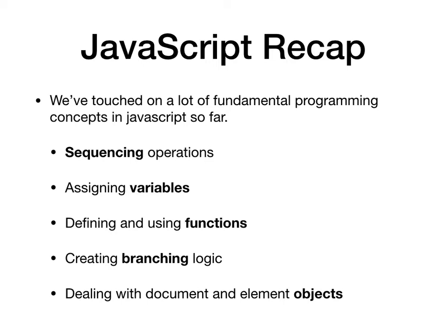We've gotten the basics of sequencing operations and how certain things will execute on the page. We've also gotten into how to assign variables and access them and use them for things, right? How to store information in a spot that your script has access to. We've discussed how to define functions and how to use existing functions.